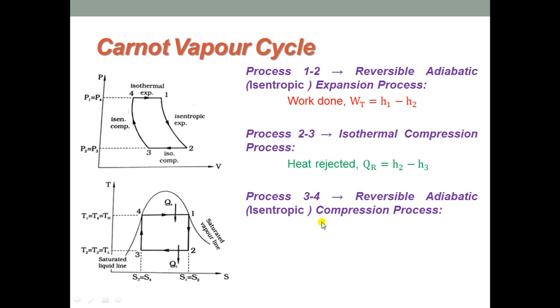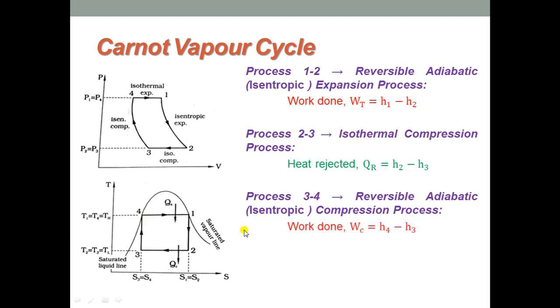The third process is 3 to 4, which is named the reversible adiabatic compression process. It is also named the isentropic compression process. Here the wet steam at condition 3 is compressed adiabatically, that is without any heat transfer, to the saturated liquid state at condition 4, and is then passed into the boiler.